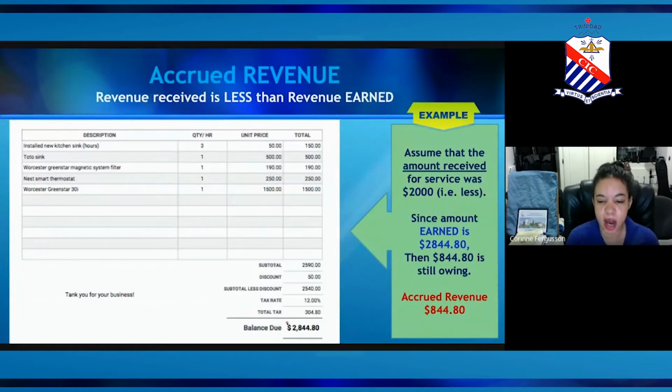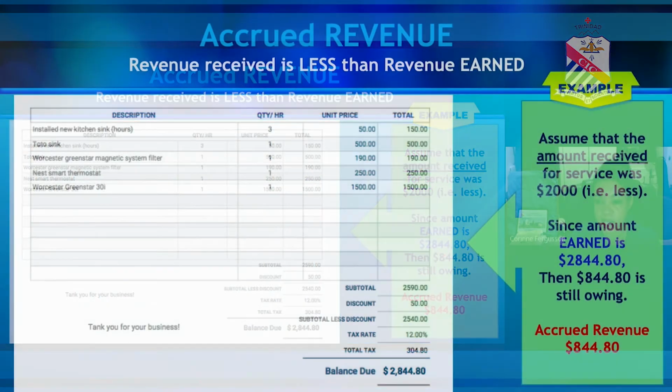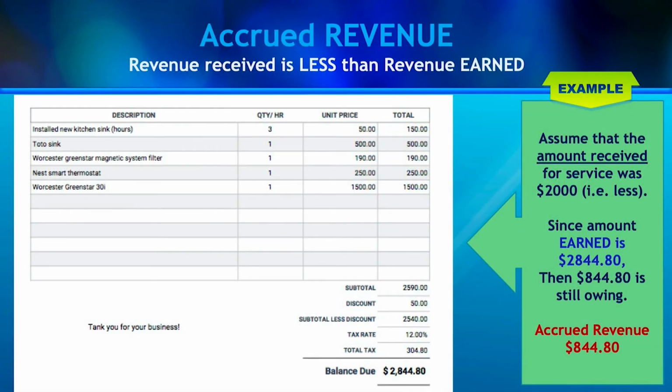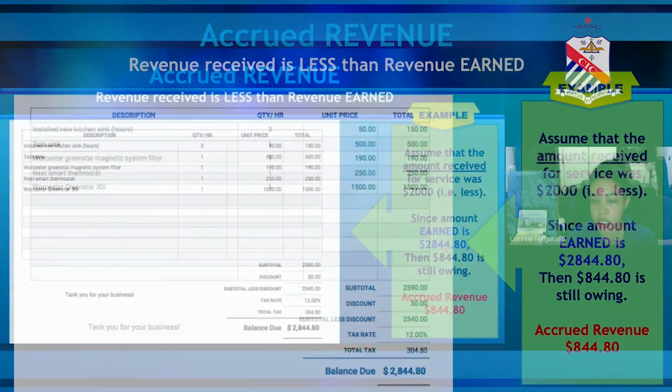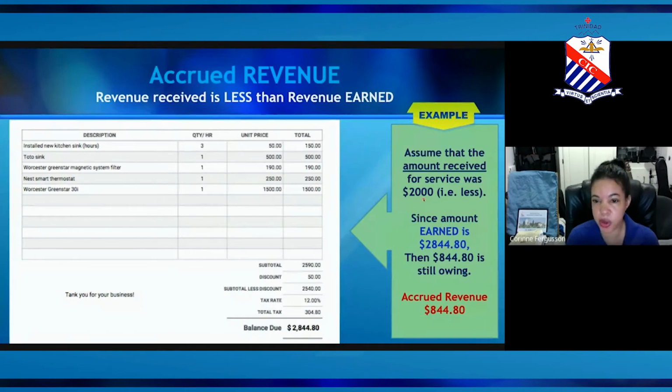So once again, how much did we earn? And therefore, this is the amount that has to go to our income statement, $2,844.80. We earned that amount, but we only received $2,000. $2,000 is less than the amount that we actually earned, which means that we have an accrual, or an amount still owing to us.